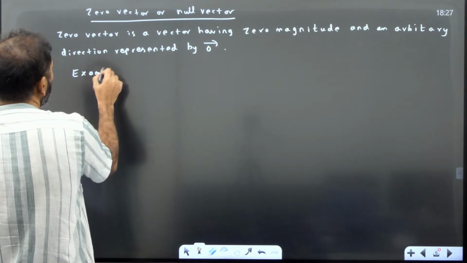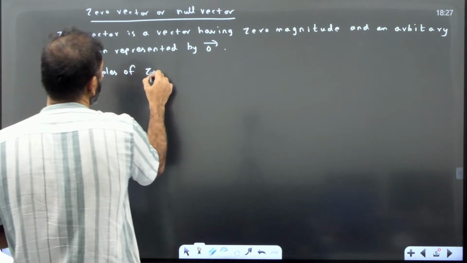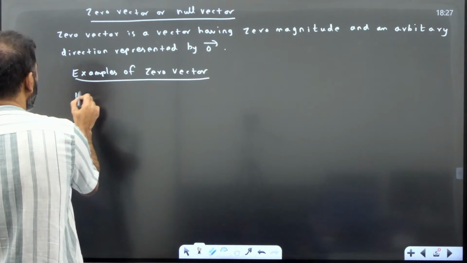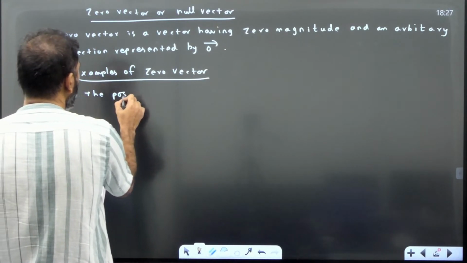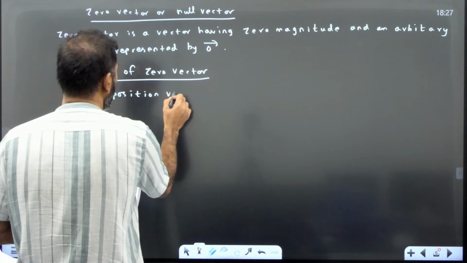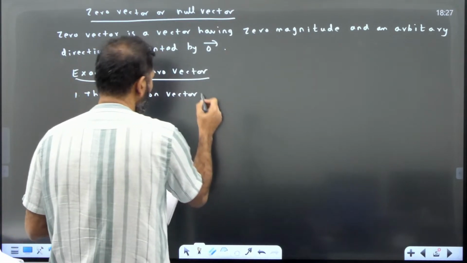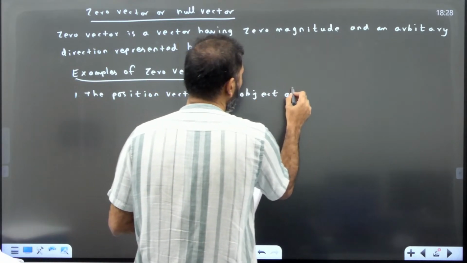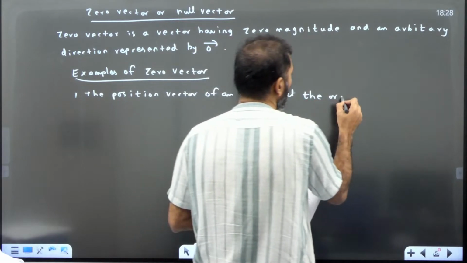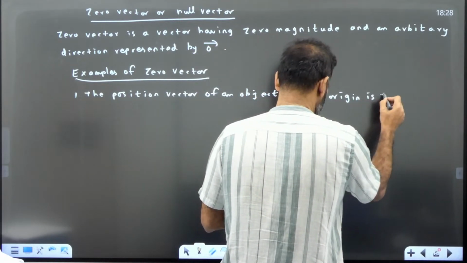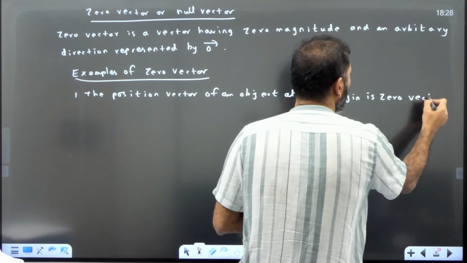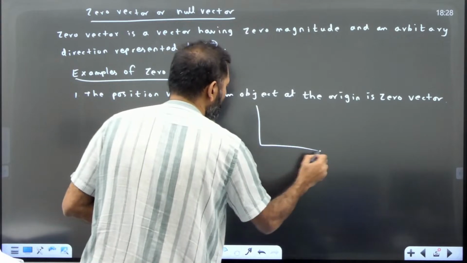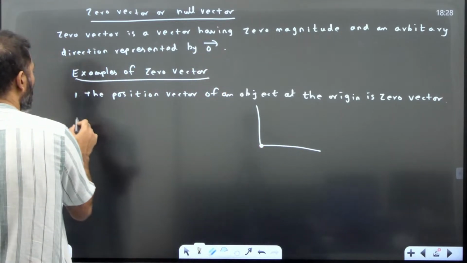Examples of zero vector. First one, the position vector of an object at the origin is zero vector. Position vector of an object at the origin. If an object is at the origin means what? At this position, then it is zero vector.